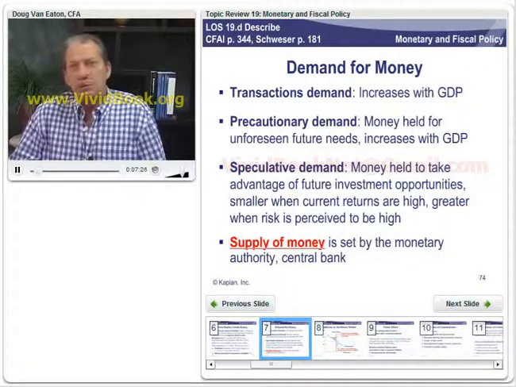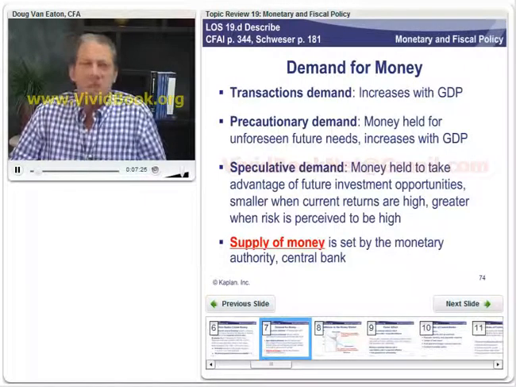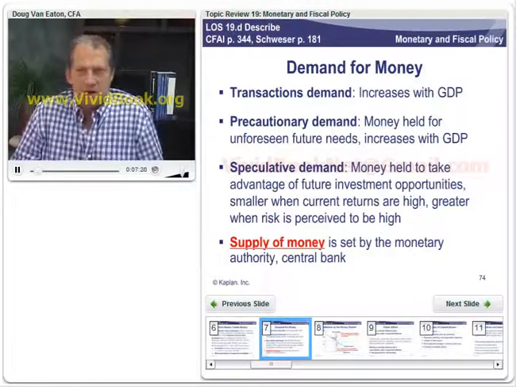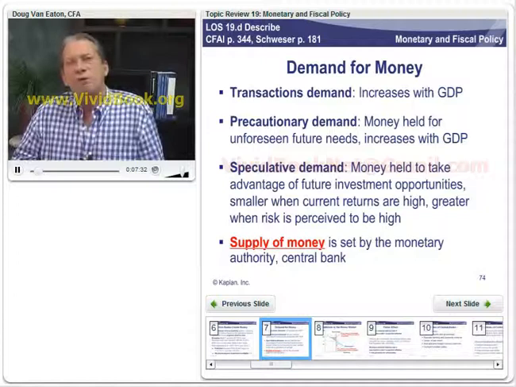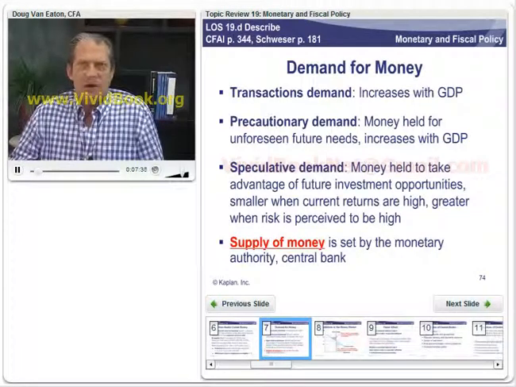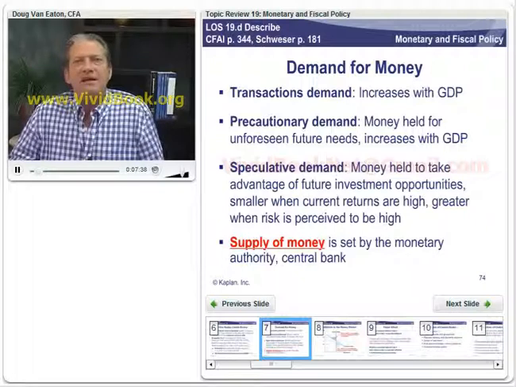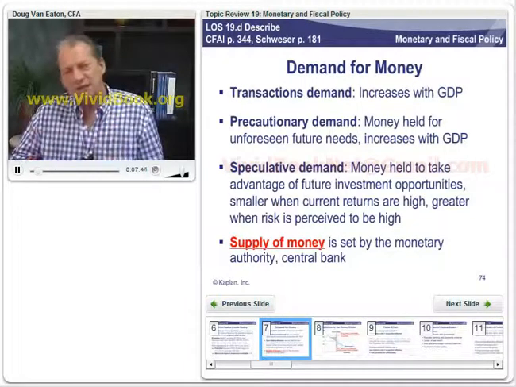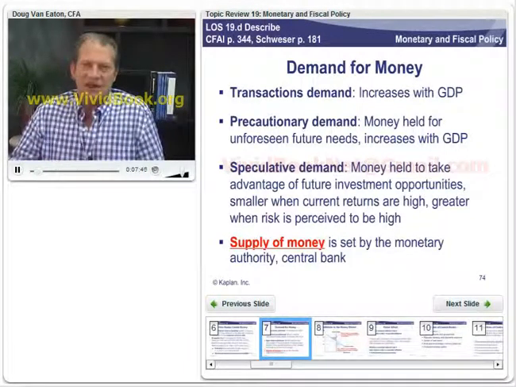Now, remember we're thinking of this money as narrow, non-interest-bearing money, so it is smaller when the returns on potential investments are higher. And it's greater when the risk is perceived to be high. So when markets look very, very risky, more money is held in cash.